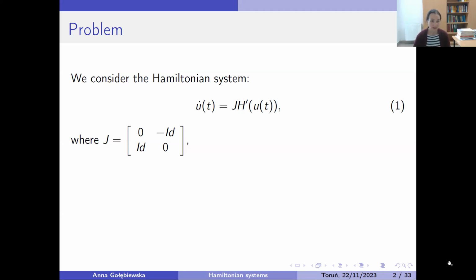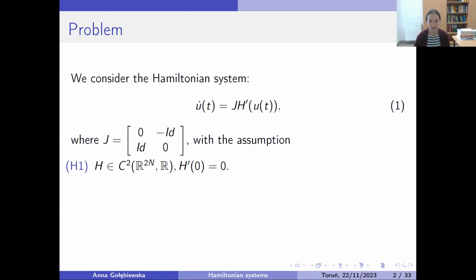For such a system, we assume that our potential, the so-called Hamiltonian, is smooth enough, which means for us of class C2. But we also assume that 0, the origin, is the critical point of H. So the condition here is that H prime of 0 is 0.